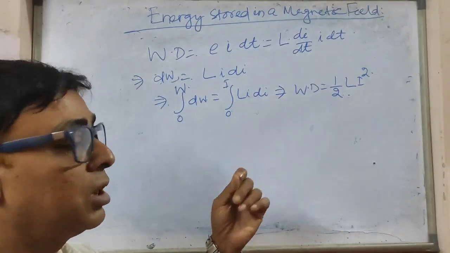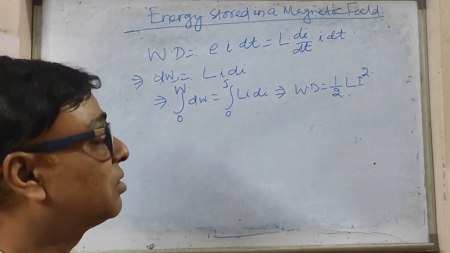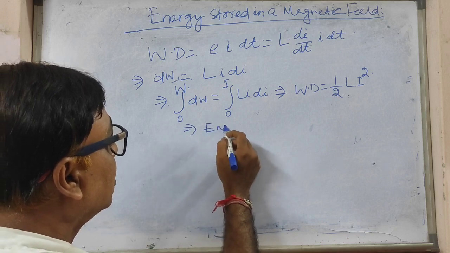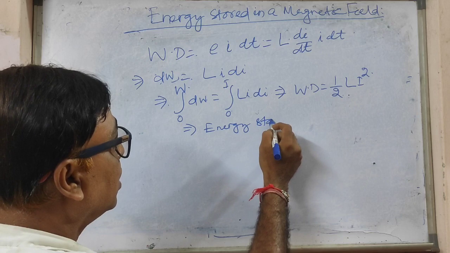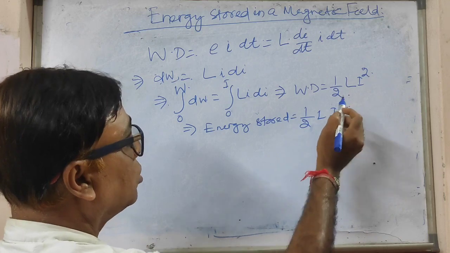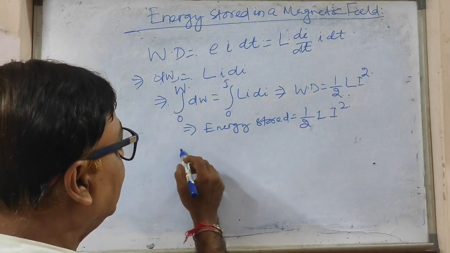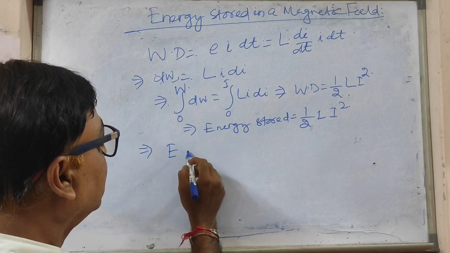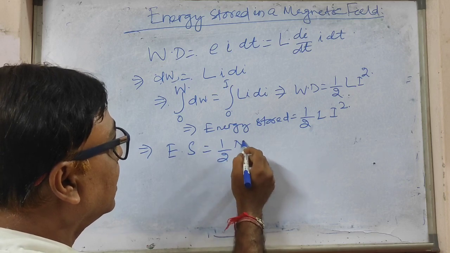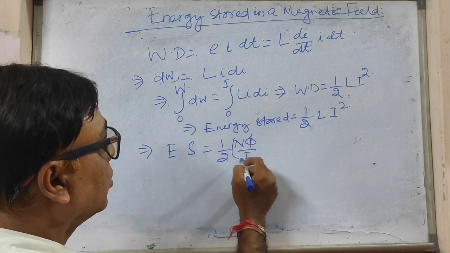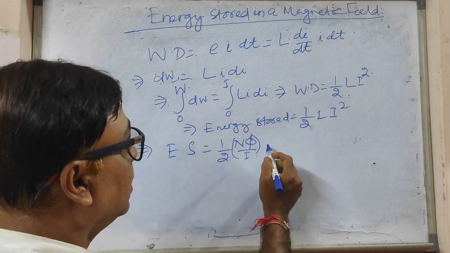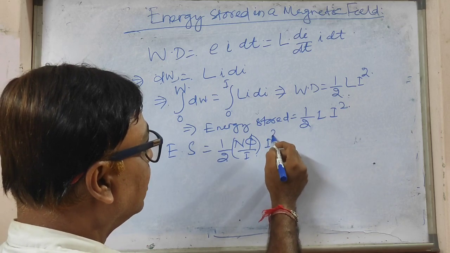Now according to the law of conservation of energy, the work done must be equal to the energy stored. So the energy stored is equal to half L I square joules. Further, in place of L, I can write N phi by I, where N is the number of turns and phi is the flux, so N phi is the flux linkage, divided by current, into I square.